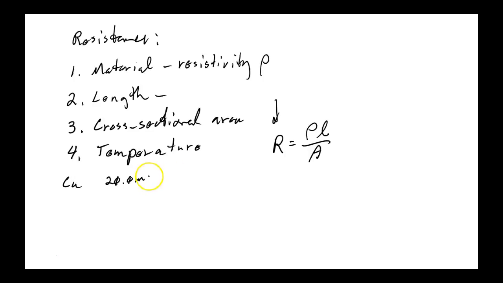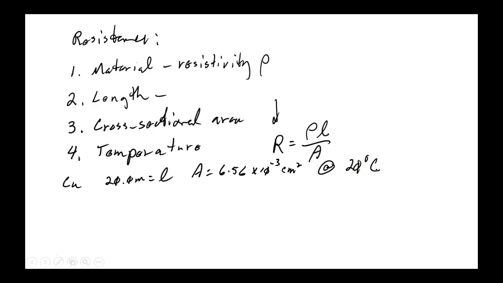That's its length, with a cross-sectional area, so the area is 6.56 times 10 to the minus 3 centimeters squared, at 20 degrees Celsius.